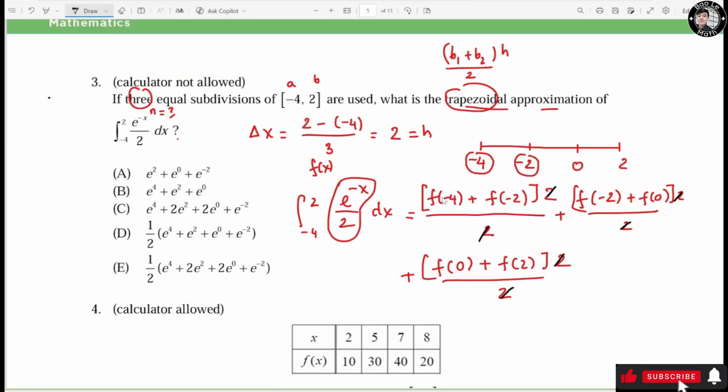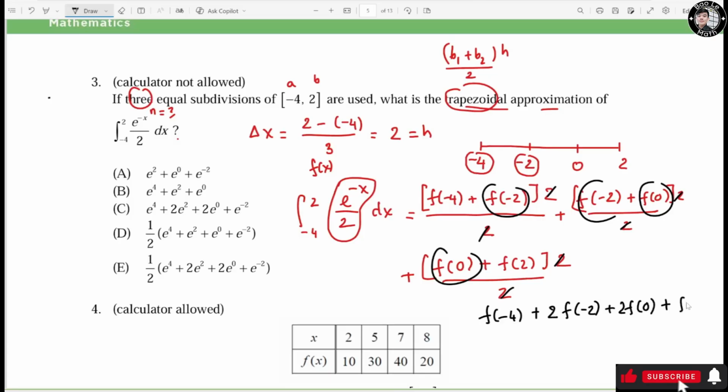So you end up with f of -4 plus f of -2, and f of -2 right here could be 2 f of -2. F of 0 is going to be 2 f of 0, and then plus f of 2.